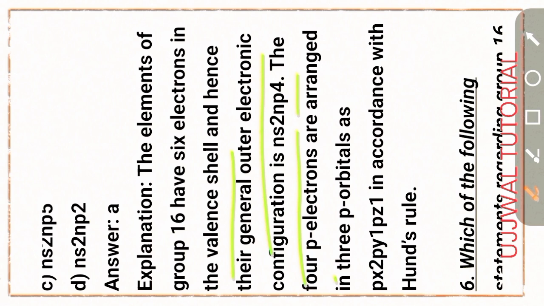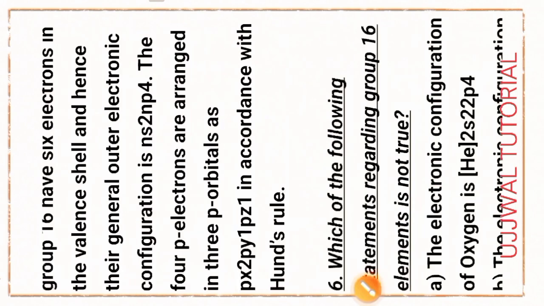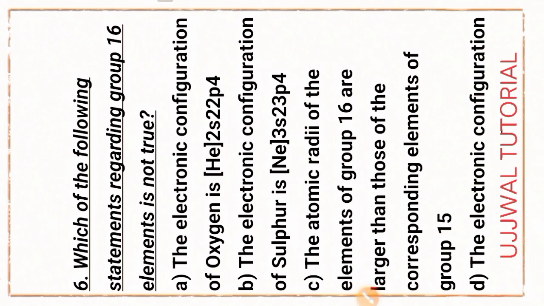The 4p electrons are arranged in 3p orbitals as px2, py1, pz1, in accordance with Hund's rule. Clear?